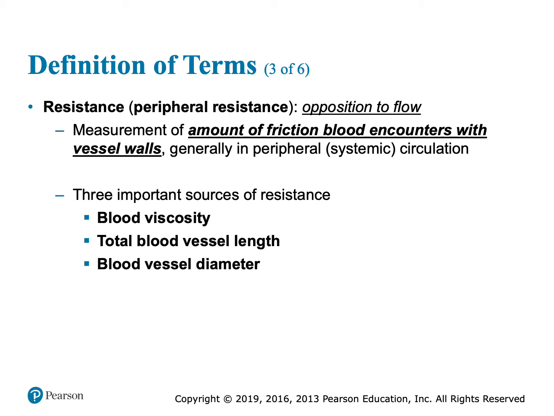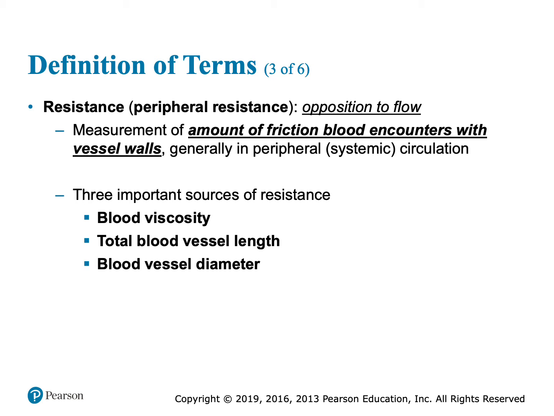And sometimes it's actual friction, like let's say maybe you have plaques, but there's three general things in our body that do create resistance, but a couple of them are relatively continuous, and one of them changes constantly. So blood viscosity, total blood vessel length, and then blood vessel diameter.